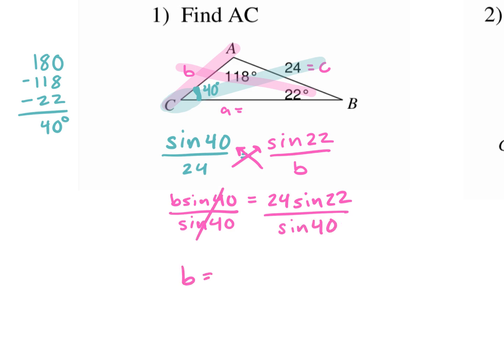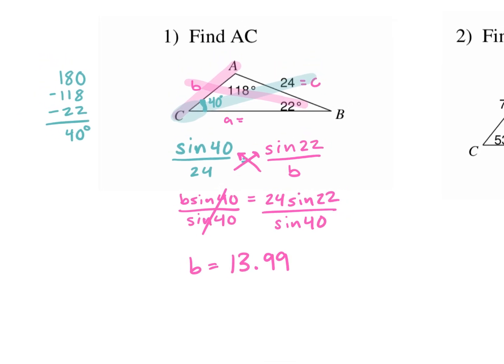So B is equal to, now we're going to put this into our calculator. So be careful when you're putting it into the calculator. We do 24 times sine of 22. Either close the parentheses or just hit equals, and then divide that number by sine of 40. So that should give you 13.99, rounding to 2 decimal places.